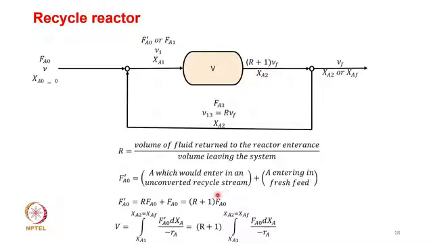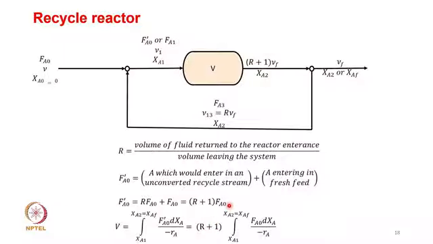So let us do the volume calculation. V would be the integral from XA1, which is from here, to XA2, which is equal to XAF, of FA naught prime times dXA by minus rA, and you replace FA naught prime with R plus 1 times FA naught, and this is the entire volume calculation.